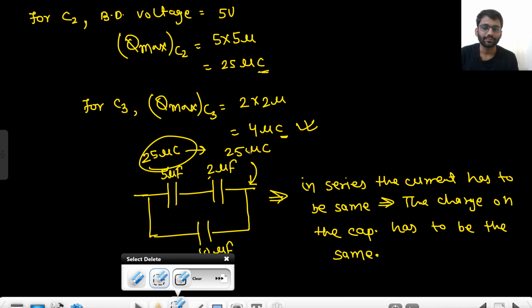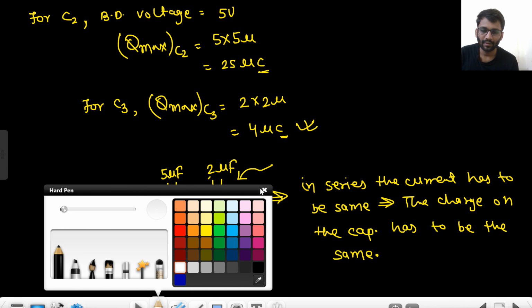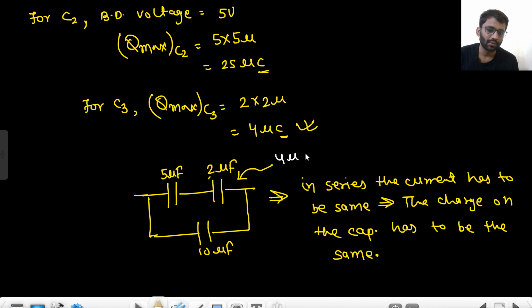So what will I do? I will give 4 microcoulomb to this capacitor. Then I have to give 4 microcoulomb to this capacitor as well. If I give 4 microcoulomb to this capacitor, it can take it, because the maximum it can take is 25 microcoulomb. Are you getting this point?